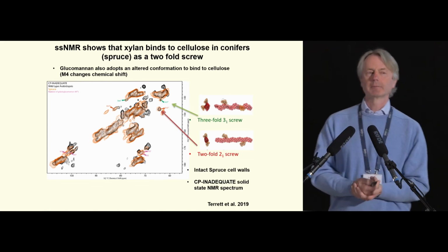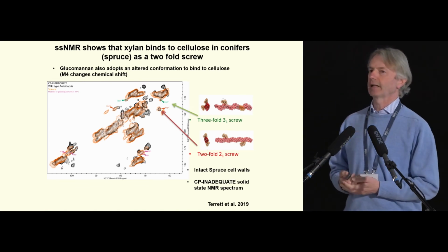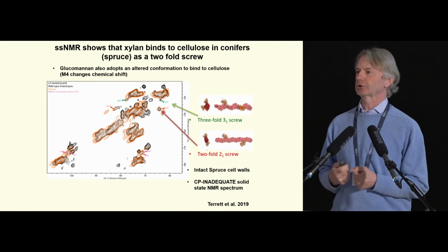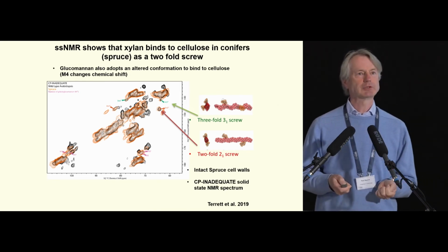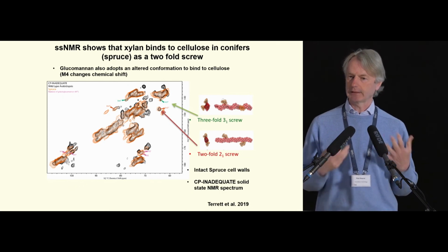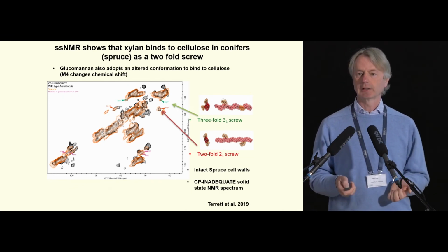What about the mannan? Mannan doesn't normally have such a beautiful patterned structure as xylan, but it does seem to change its conformation in order to bind to cellulose in these hydrated natural cell walls.